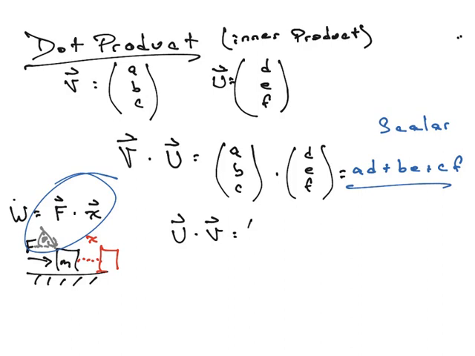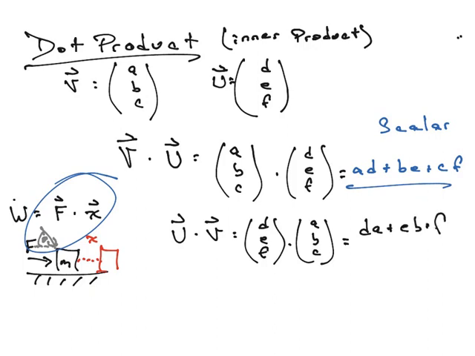So let's see. u is d, e, f, dotted with v, which is a, b, c. And so we get d times a plus e times b plus f times c. Of course, because the elements in our vectors are just numbers, a times d is indeed the same as d times a, b times e is the same as e times b, and c times f is the same as f times c. So yes, these two answers will be the same.